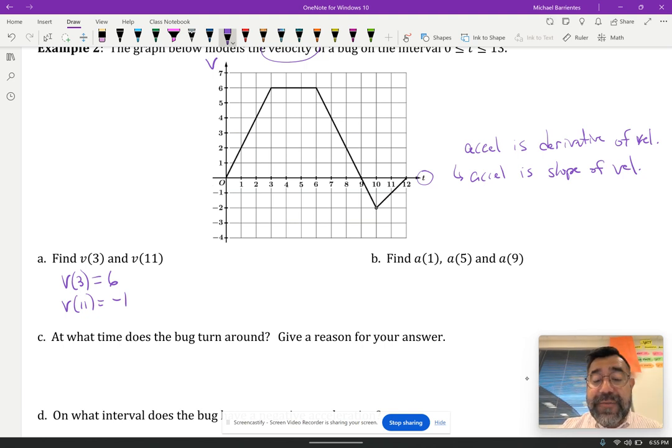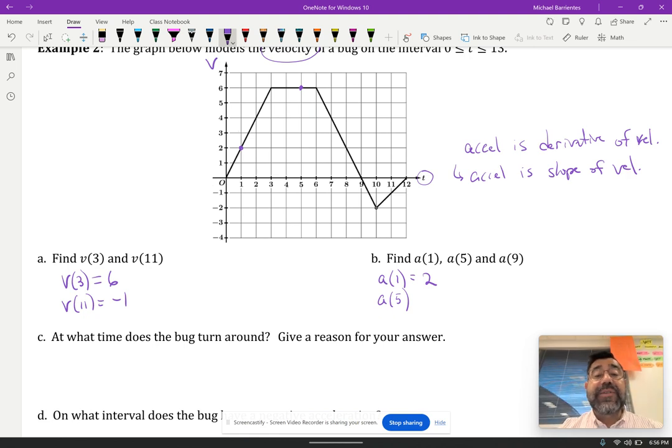So when I'm asking you to find A of 1, it says when time is 1, what's the slope of this part of the graph? Well, what's the slope at that blue point? What is the slope of this segment? Well, the slope is 2 up, 1 over. So that would be 2. A of 5 says when time is 5, what's the slope of the graph at that point?